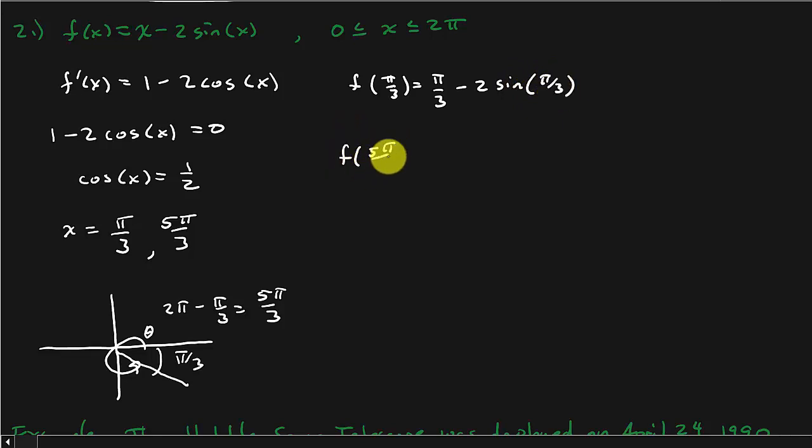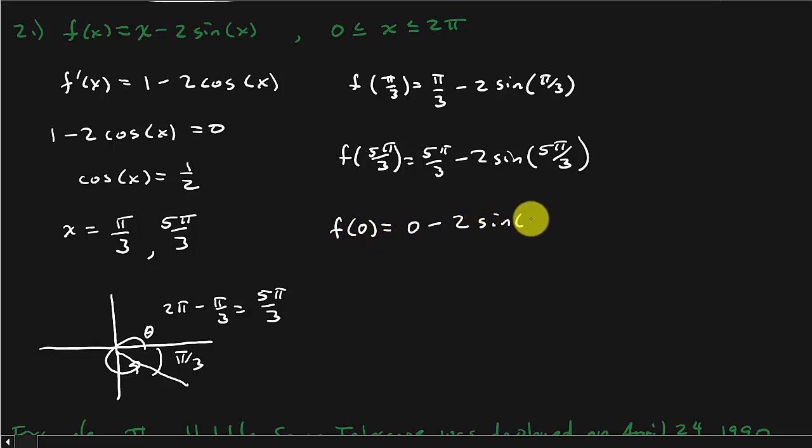And then I've got f of 5 pi over 3, which is 5 pi over 3 minus 2 times sine of 5 pi over 3. And then I've got f of 0 is 0 minus 2 sine of 0. And then I've got f of 2 pi, which is 2 pi minus 2 sine 2 pi.